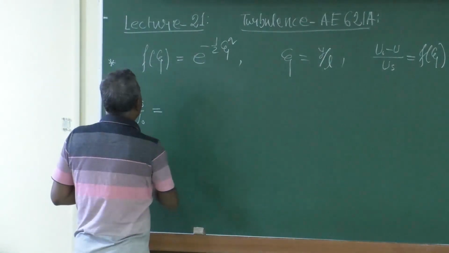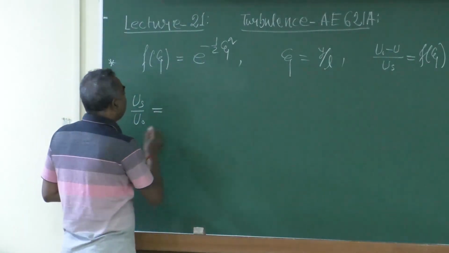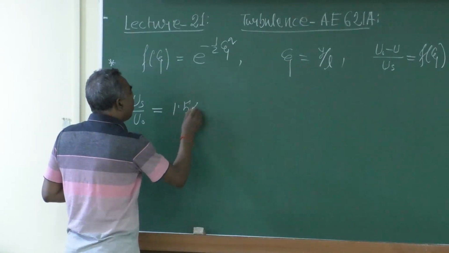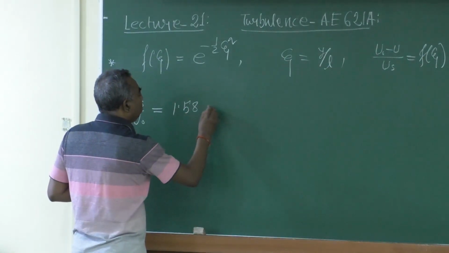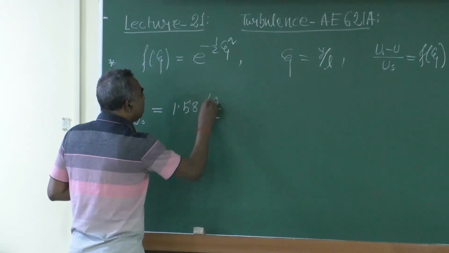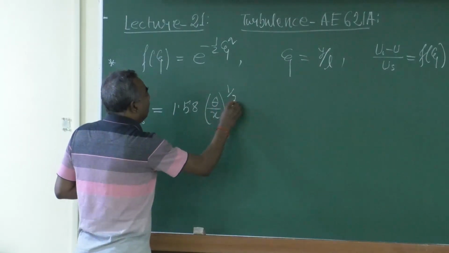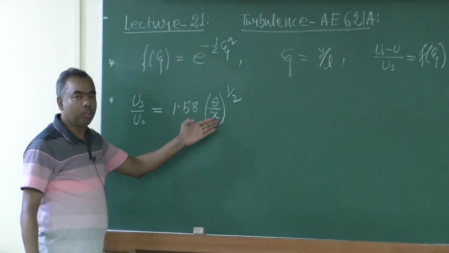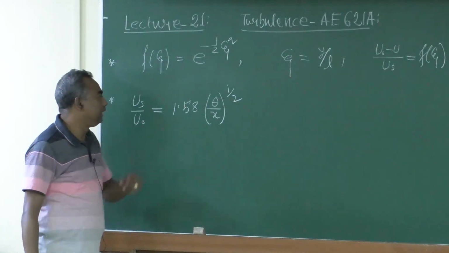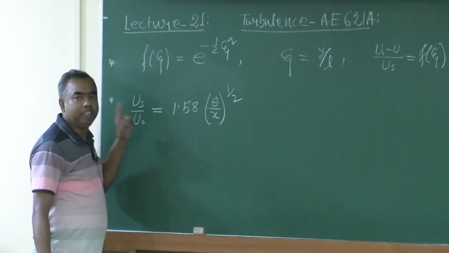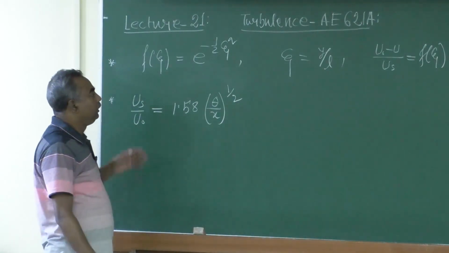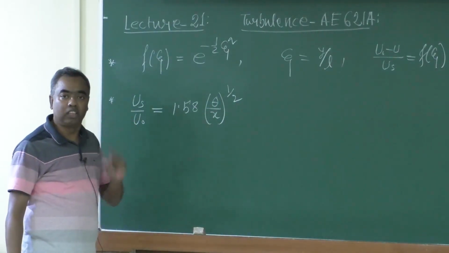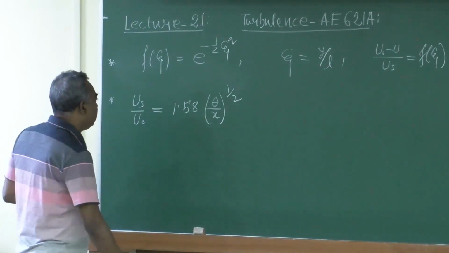That was 1.58 theta divided by x to the power half, right. So, with increasing x, your us value will come down, okay. Us is the maximum velocity deficit at the central line of the wake, if you can remember, okay.